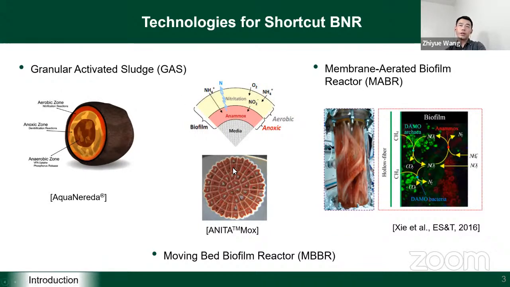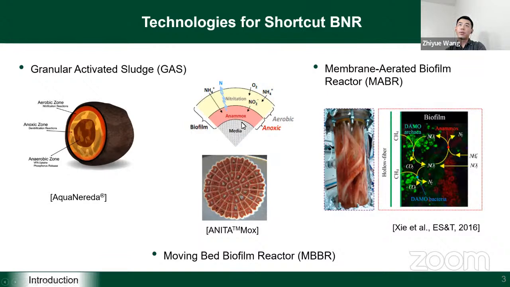And then similarly, there's also biofilm processes, MBBR, that relies on growth of microorganisms on a media. When you supply a media for them to attach to, they will stratify and become thicker.